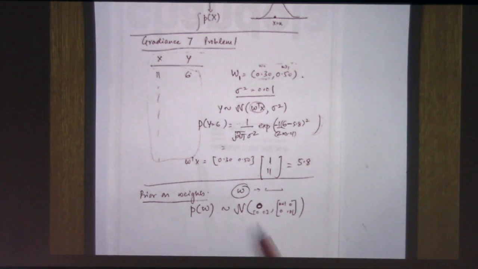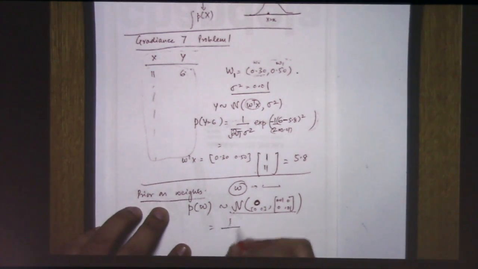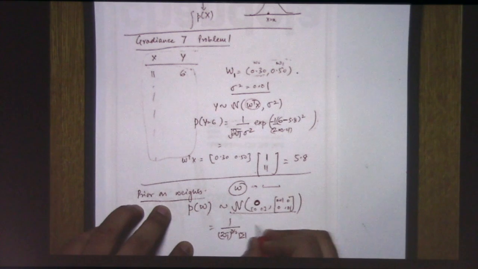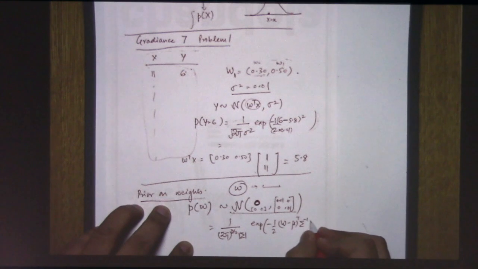So the P of W, now what is this? As I just mentioned earlier, you can write it as 1 over, again, the same business, (2π) to the d by 2, determinant of sigma to the half, exp minus half, W minus mu, transpose sigma inverse, W minus mu.